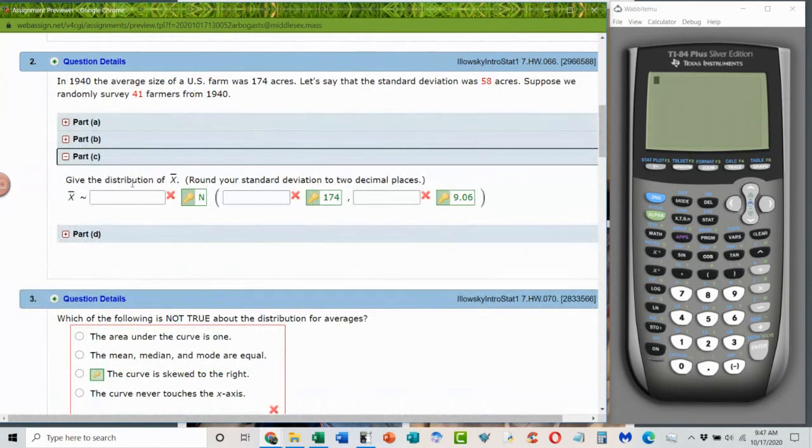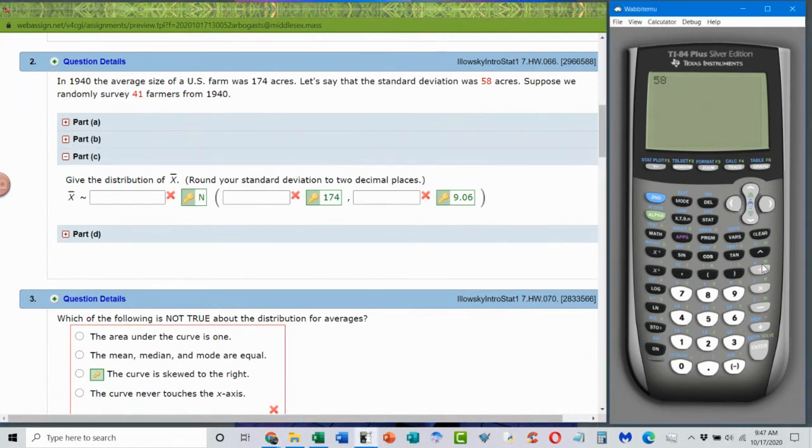And so X bar follows the normal distribution with this mean and this standard deviation divided by the square root of this number. So this is going to be 58 divided by the square root of 41.